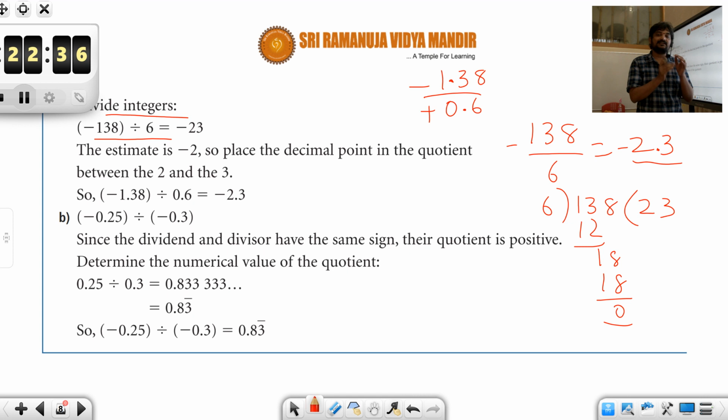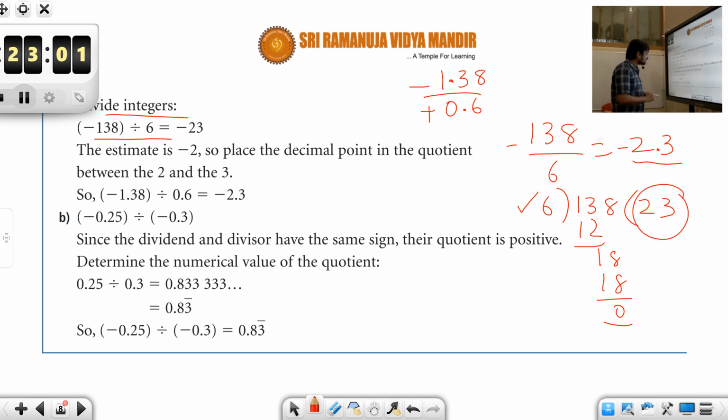Just keep it in mind. Then ignore the decimal positions and divide the integers. You know how to divide integers or natural numbers using the long division method. So then you will get some answer. Once you get the answer, keep the appropriate decimal point as per the compatible answer.